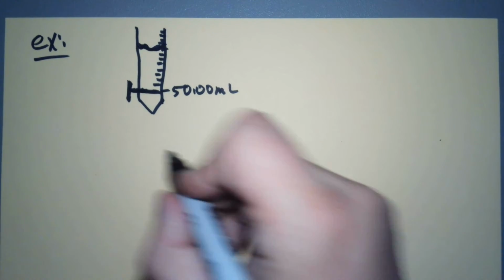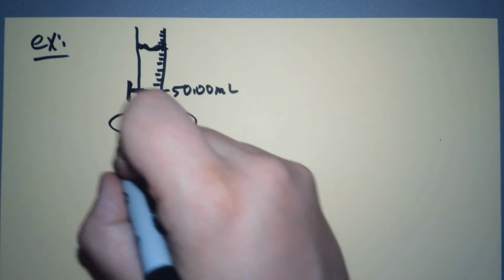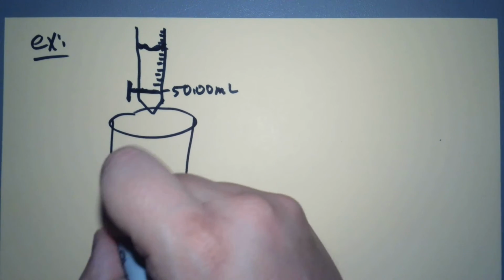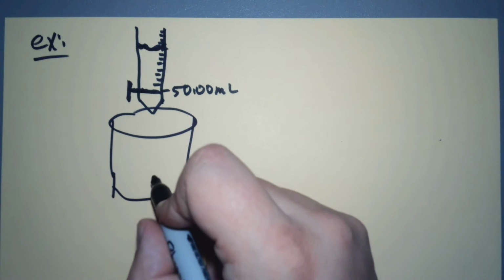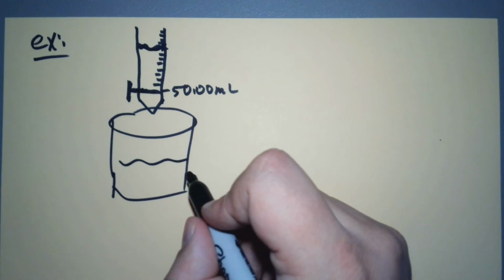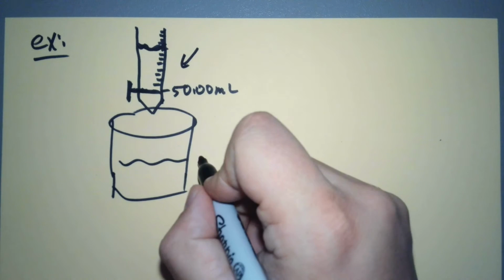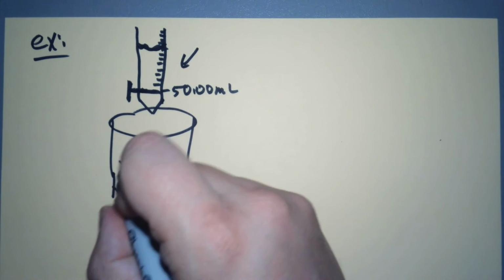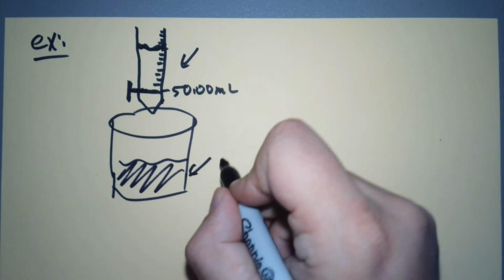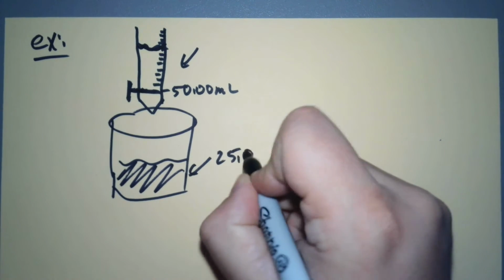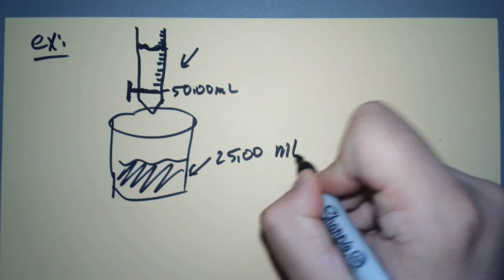And underneath, we have a beaker with our sample. And so let's say we measure out our sample to be 25.00 milliliters.